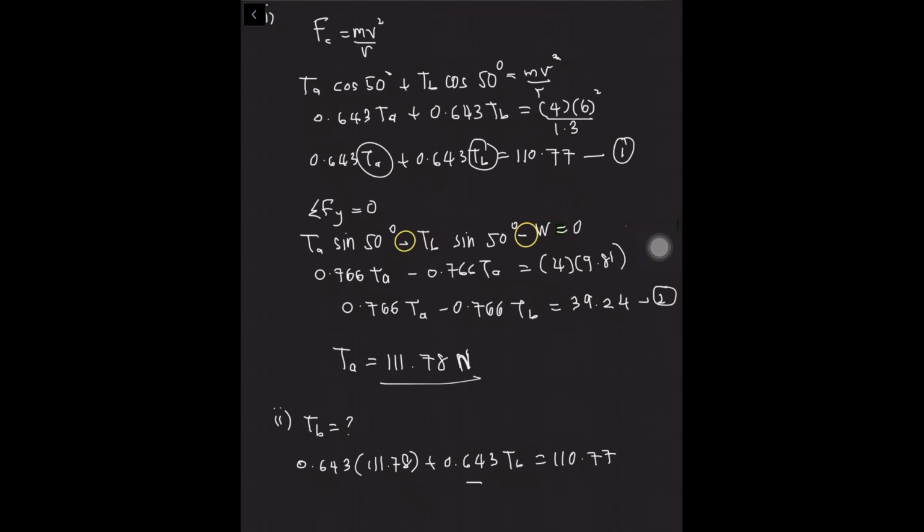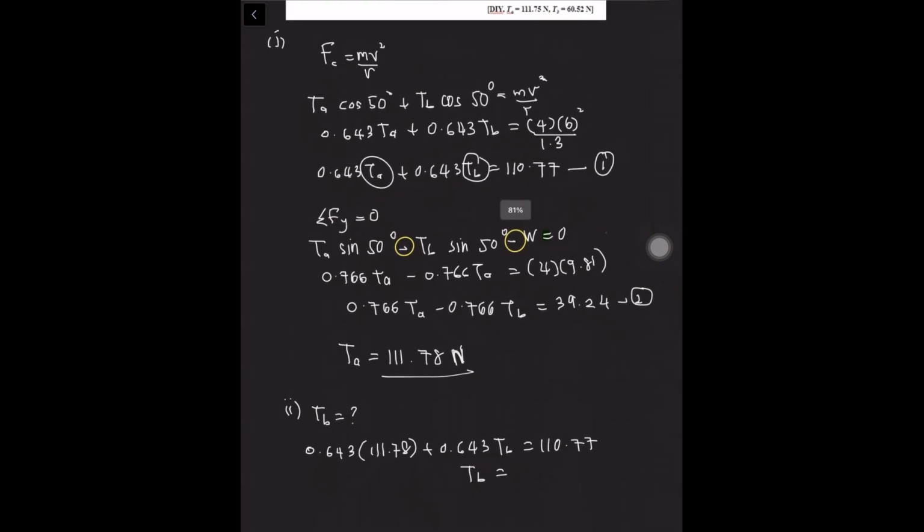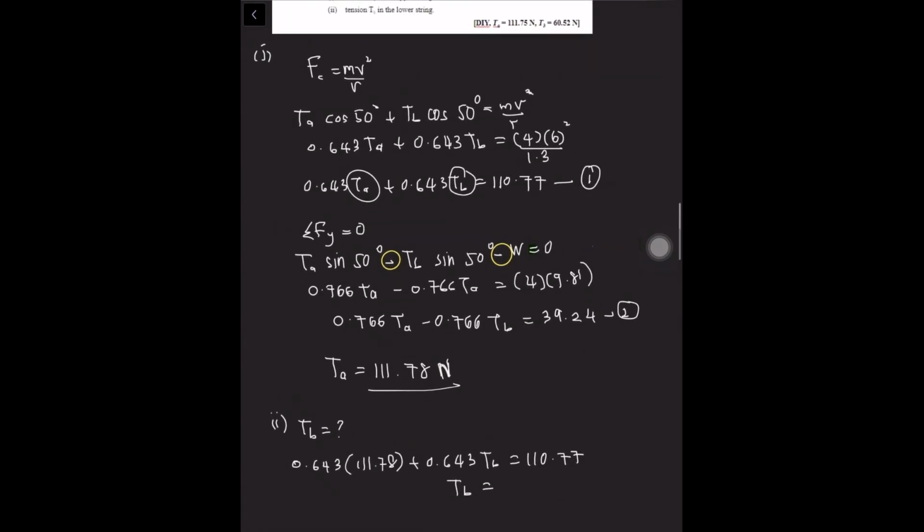Then we will have our TB, the tension along the lower string, which is 60.55 Newton.